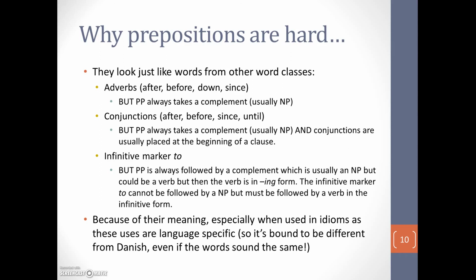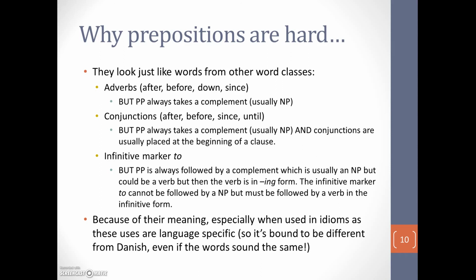But again, the complement of a preposition is usually a noun phrase. It could be a verb, but then the verb will be in the ing form. However, the infinitive marker to cannot be followed by a noun, but must be followed by a verb in the infinitive, so to eat or something like that.